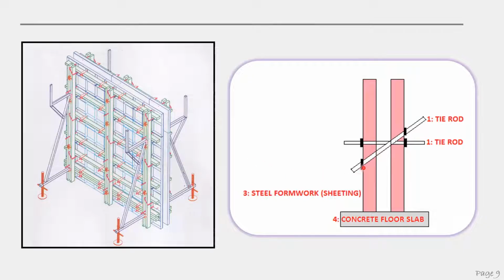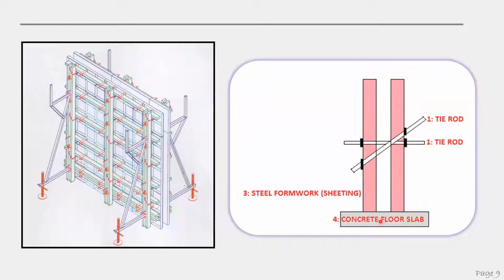All right, if you look at the method of the formwork system, you still need to have the sheeting and also the brace. If you look here, the brace is to make sure of the stability of the formwork.